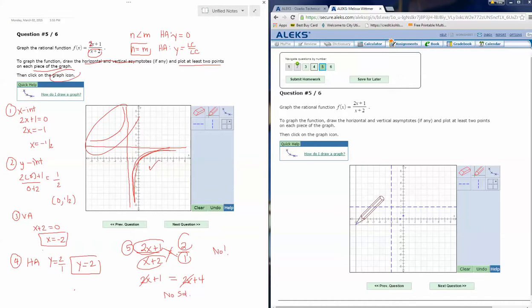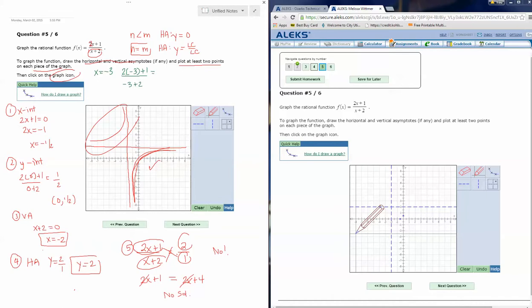So if you look at the location of your vertical asymptote at -2, you need to plug in any 2 numbers that are further to the left of it. For instance, I could plug in -3 and -4. So I'm going to go to the original function and I'm going to plug in x is -3. So in the equation I have 2 times -3 plus 1 divided by -3 plus 2.